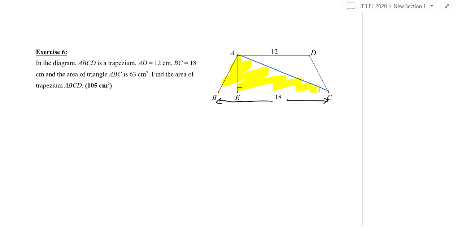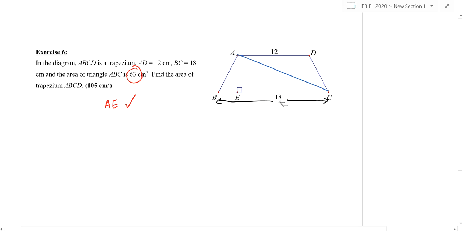So we see if we choose BC as the base of the triangle, then AE must be the perpendicular height. So using the formula for area of a triangle, half times the base times the perpendicular height to get the area, we can work backwards and find the length of AE. So that is not a problem. AE is the perpendicular height of the triangle.